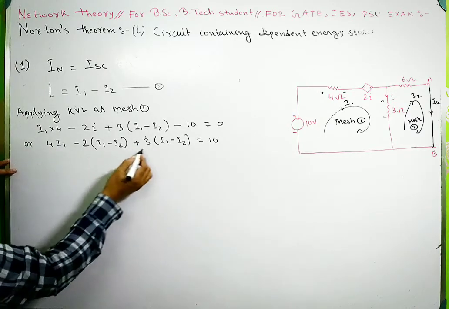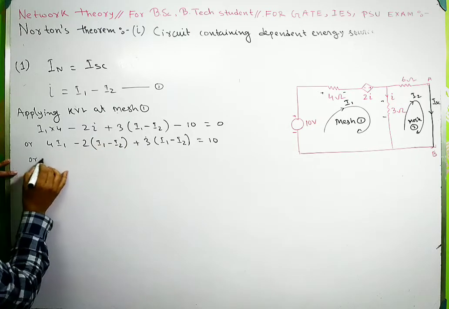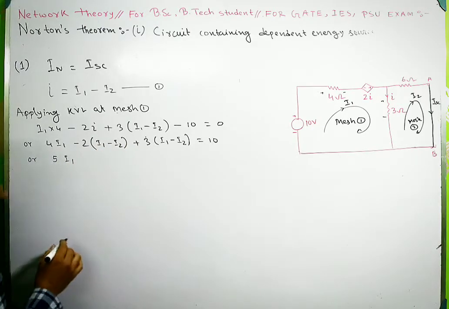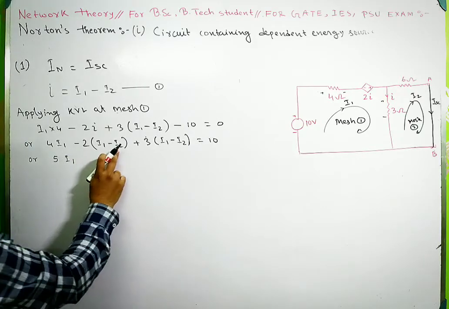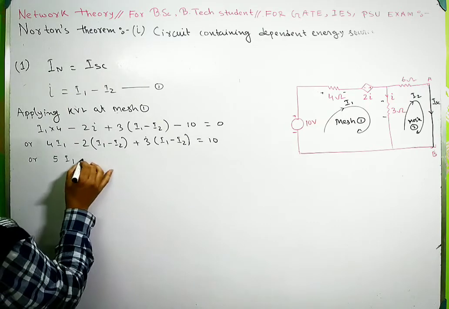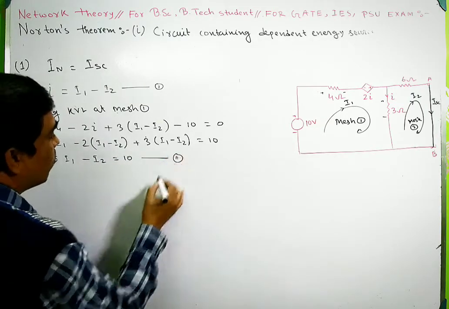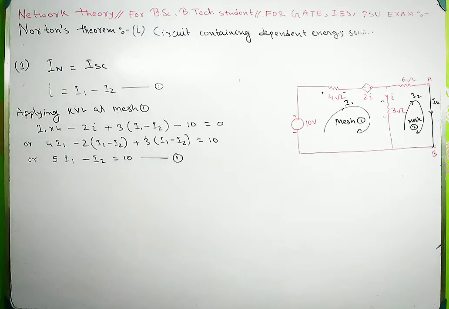So next step it will be 4, 2 and 3, so it will be 5I1. This is plus 2I2, this is minus 3I2, so it can be written as 5I1 minus I2 equals 10. This is equation number 2.